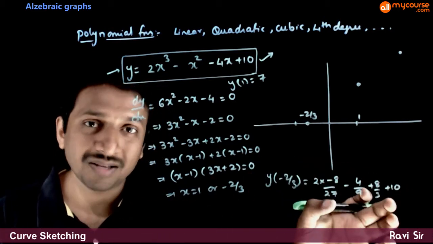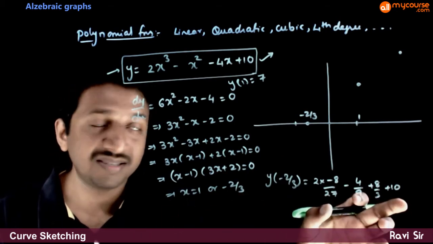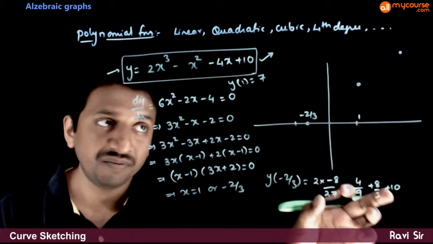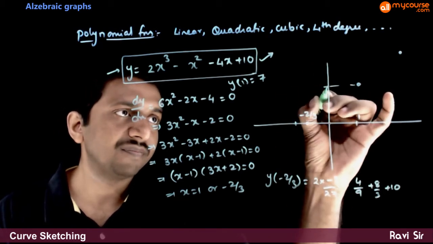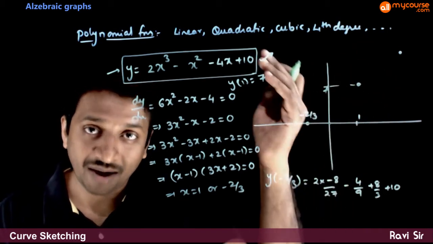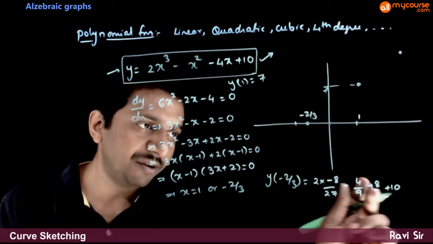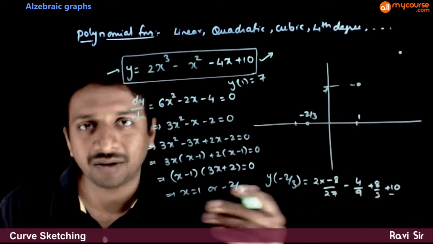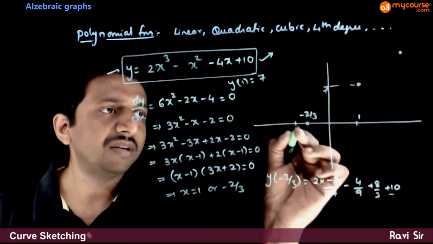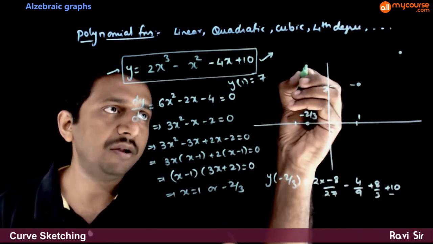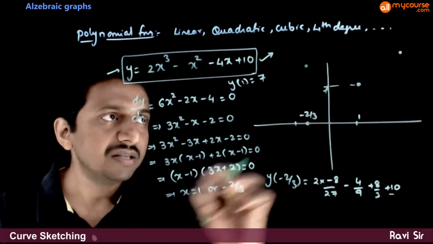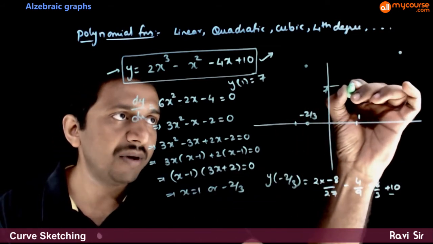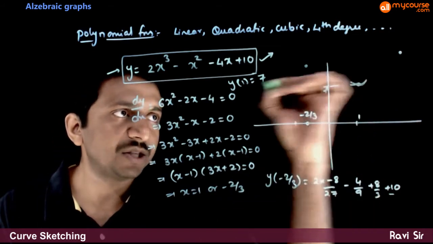So clearly this is a positive value, which is more than the value of 7, because after the minima you have to go up. If you try to find this, you get somewhere around 9 or something. So at minus 2 by 3, you have a value of around 9. Here you have a minima, hence the graph has to be like this.